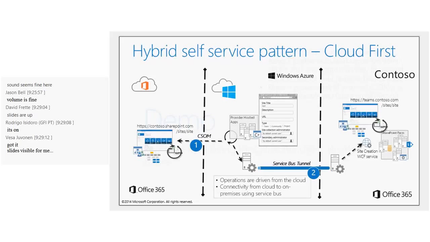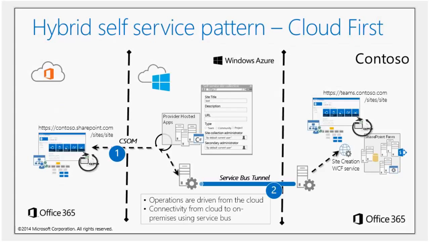So what you saw was a site collection creation in SharePoint Online. Now what if you would like to use the same app to also create site collections on-premises? We talked about that the sites can be created in the cloud. But for example, your customer might have a requirement that certain confidential data they still want on premises.